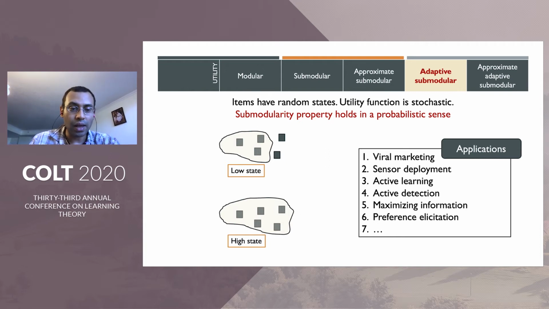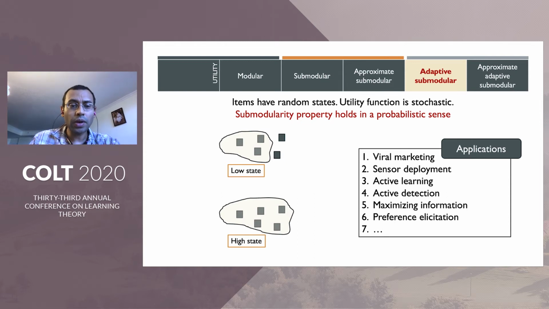Here is an example. Think of a sensor network, and you have picked a particular sensor, and the sensor can turn out to be in a low state or in a high state. In the low state, in this example, it has covered 3 locations, and in the high state, it has ended up covering 5 locations. So its coverage is more.